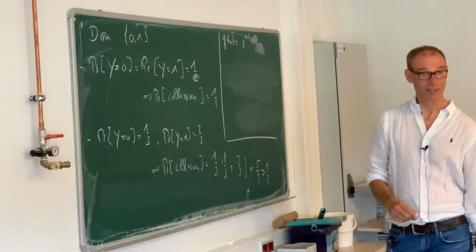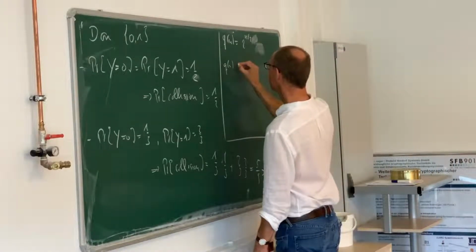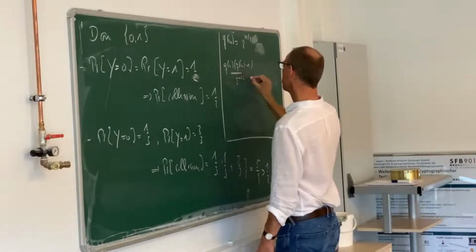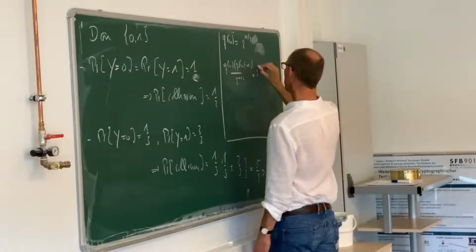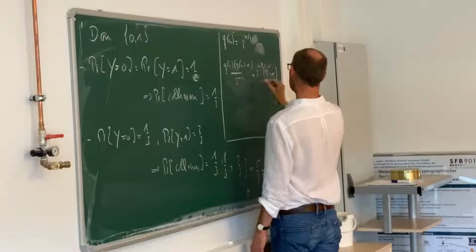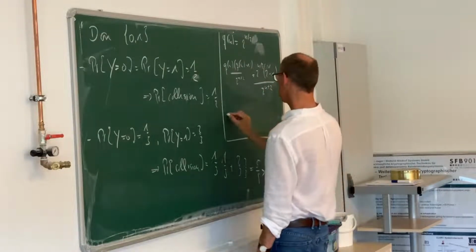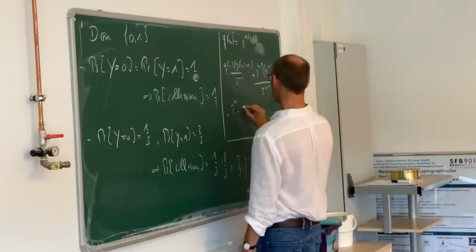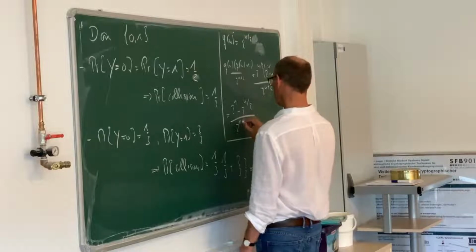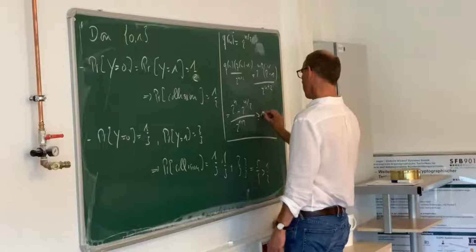Yeah, this works. Then I have that Q of n times Q of n minus 1 divided by 2 to the n plus 2 is 2 to the n divided by 2 times 2 to the n divided by 2 minus 1 divided by 2 to the n plus 2. This is 2 to the n minus 2 to the n divided by 2 divided by 2 to the n plus 2. And this is larger than 1/4.